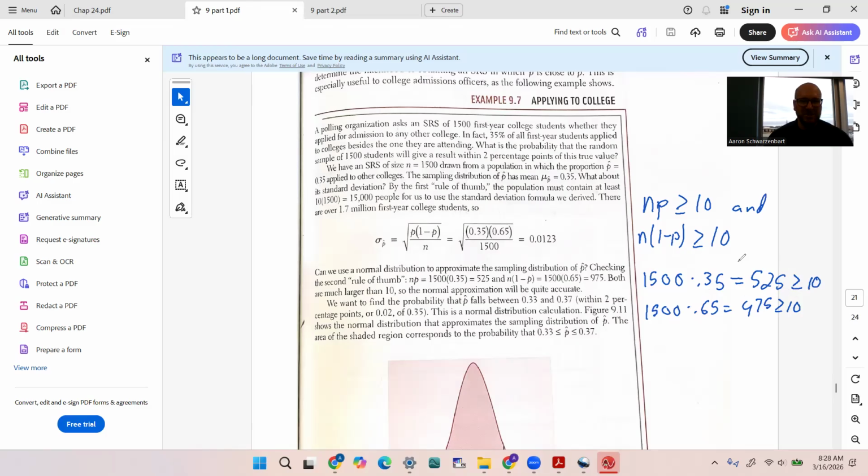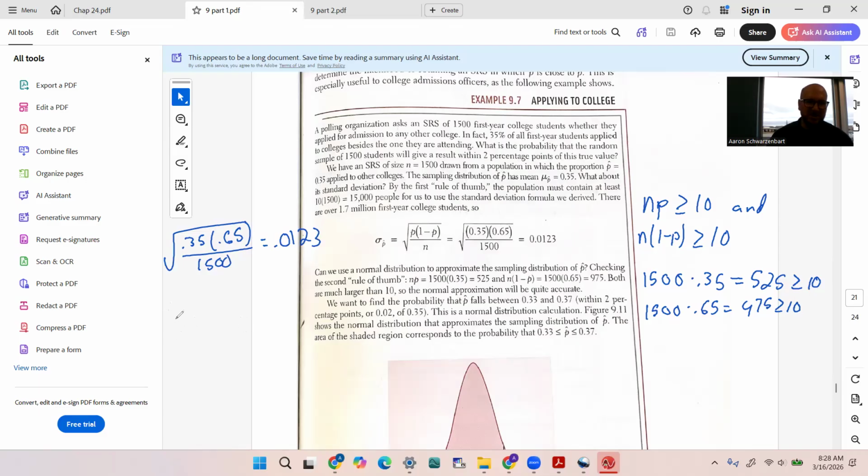Okay, we could use our formulas. So our standard deviation formula, square root of p, 0.35, times 1 minus p, 0.65, over 1500, equals 0.0123. And I can approximate this to normal.